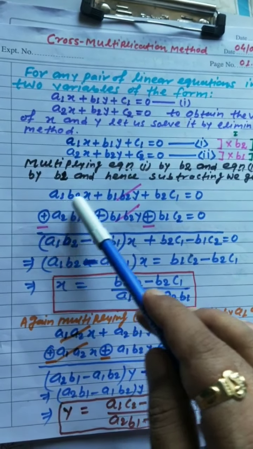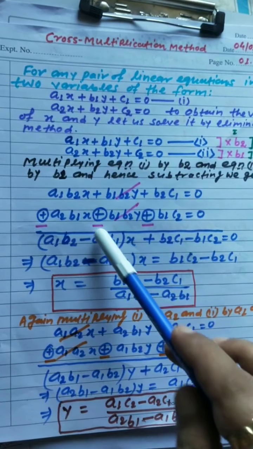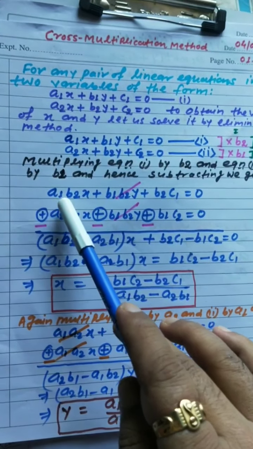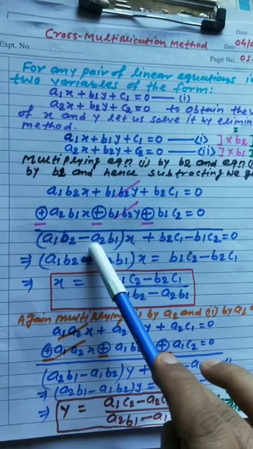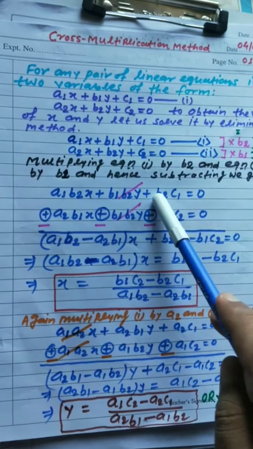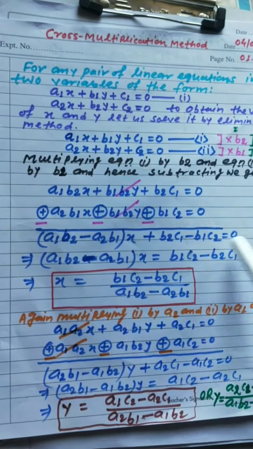Now a1 b2 x is here and a2 b1 x is here, so we have taken x as common, you can see here. Then we have a1 b2 minus a2 b1 into x, plus b2 c1 minus b1 c2 is equal to 0.